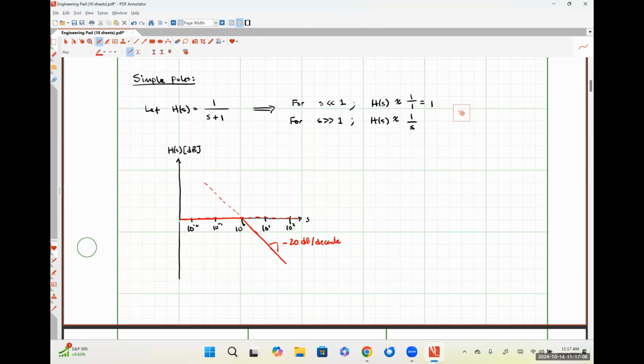Now, we've seen frequency response plots before, and we know that they usually don't have sharp corners like this. So our approximation is rather good for s less than 1, and it's rather good for s greater than 1. But in the area of s equals 1, that's where it gets a little bit wonky. So what we would really expect to see would be something more akin to this.